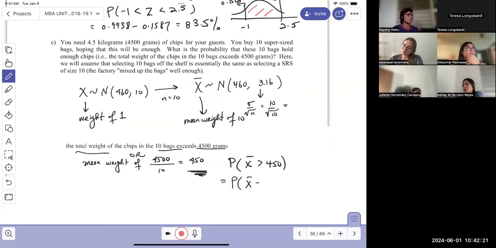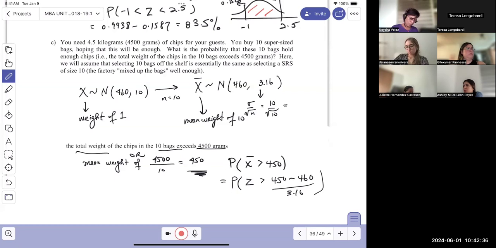Standardize with the mean of 460. Oh, sorry, I'll just do Z. So now this becomes a Z, 450 minus 460 divided by 3.16, because 450 is below the mean, right?